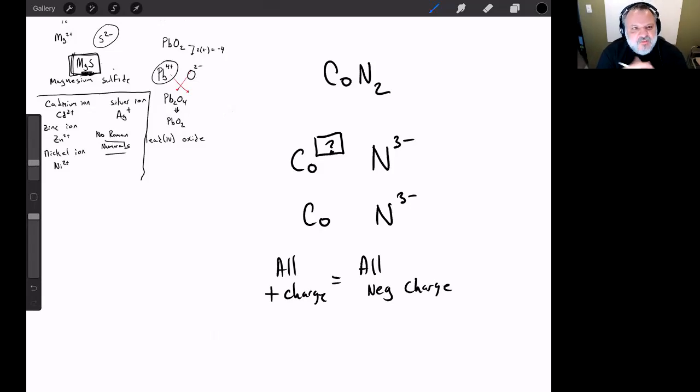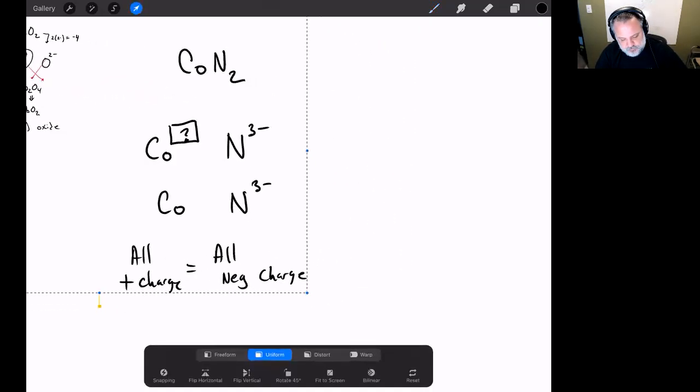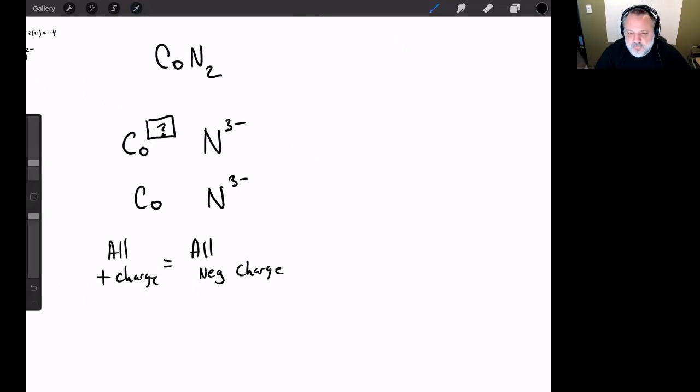Well, what's the total amount of negative charge that we have in this fictitious compound? It's not 3, right? It's not 3. How many nitrides do we have? We have 2. So then what does that mean?